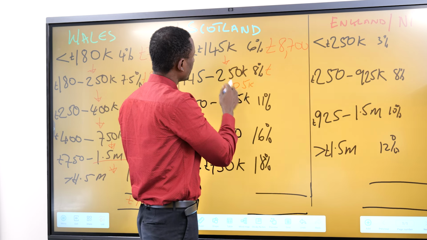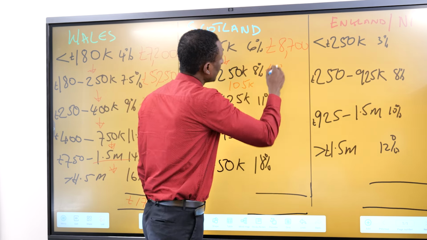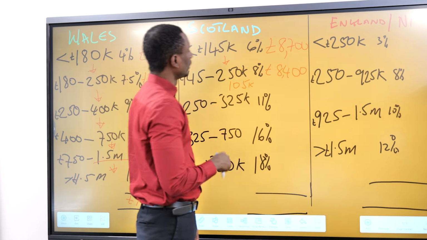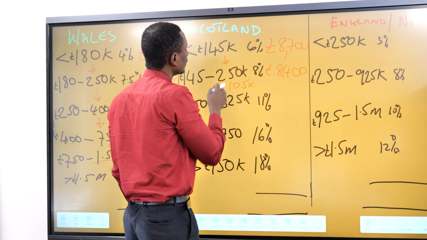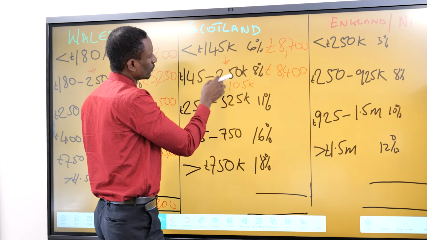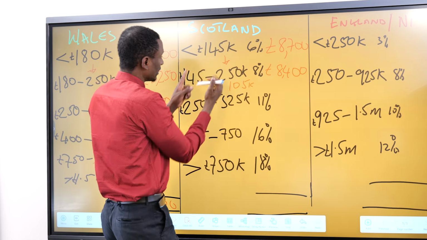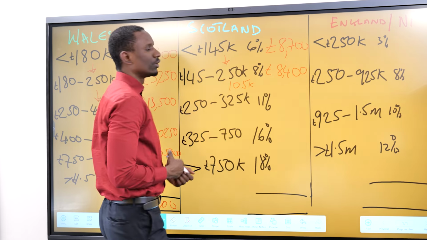So the tax you would have paid for the £105,000 is £8,400. So in essence, you don't pay the 8% on the £250,000. You pay the 8% on the additional, the difference, which is the £105,000.